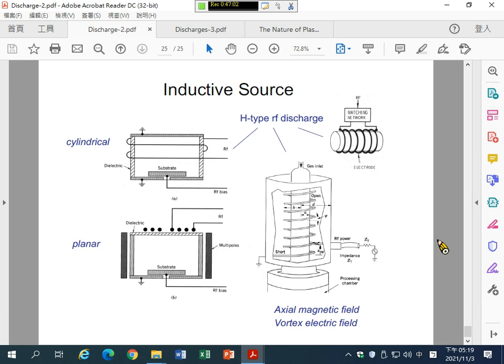So the H field will come to the inside of the chamber. Again, the H field causes the circular motion of electrons, and the electrical field accelerates the electrons, and then you can generate plasma inside.